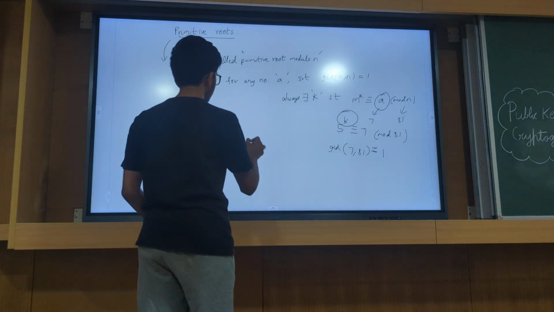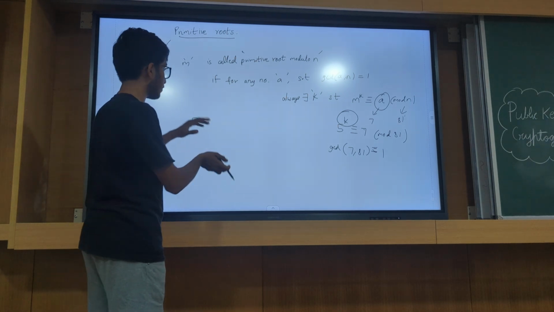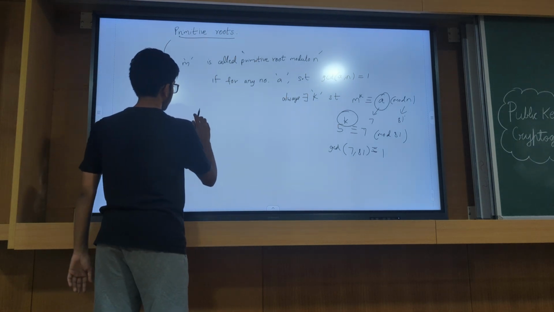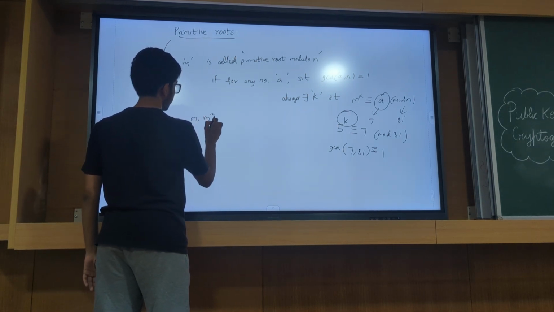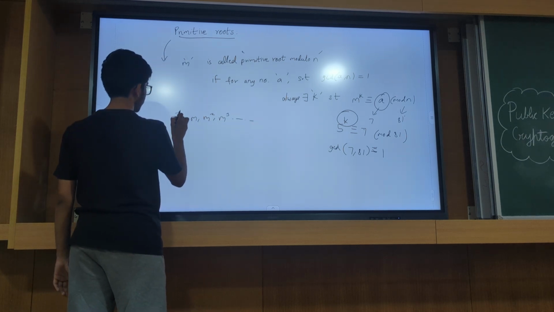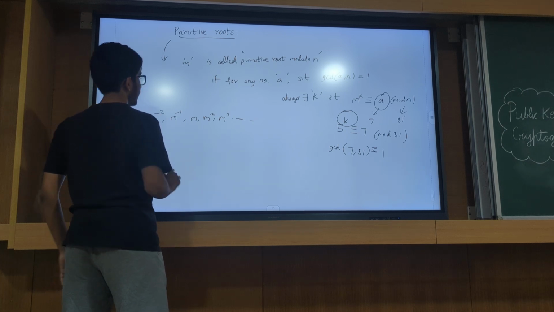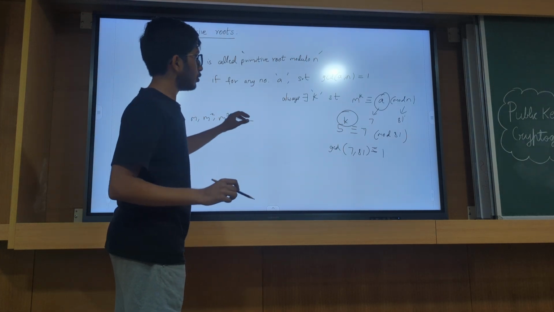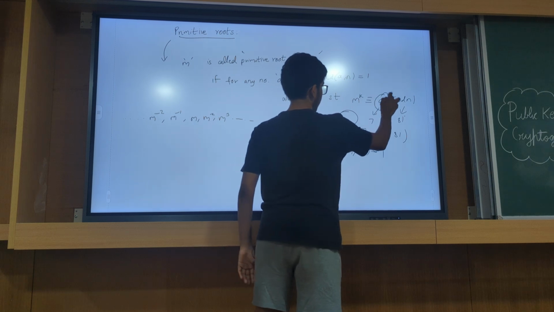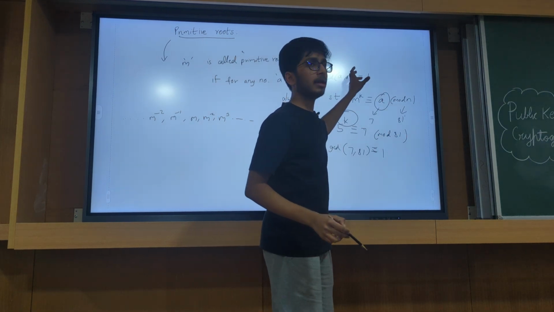So if you try to generate from it, as in the previous page we saw, if you take M square, M cube, so on, and M power minus 1, M power minus 2, so on, clearly this should contain all those a such that GCD of a comma n is 1, right?